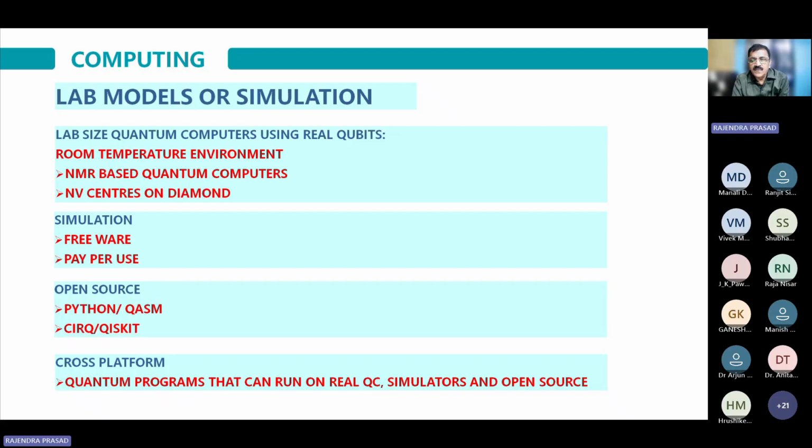subject, give the fundamentals, and learn using quantum physics and quantum mechanics and key parameters, or I would say fundamental properties of qubits, which is nothing but superposition, entanglement, and also coherence.